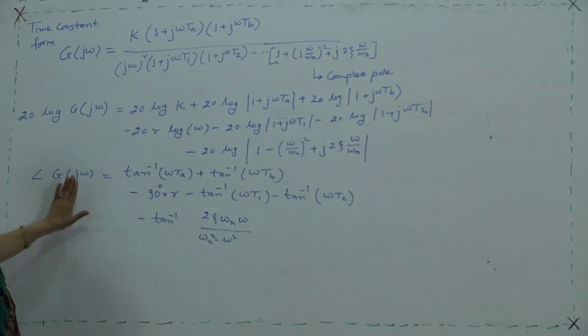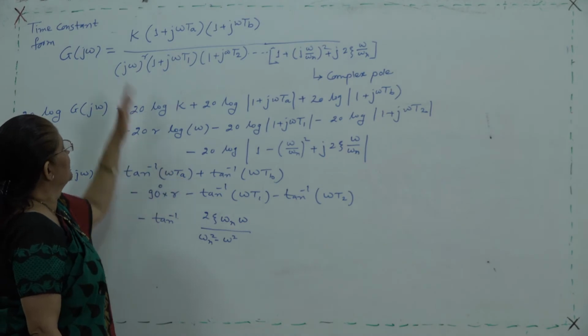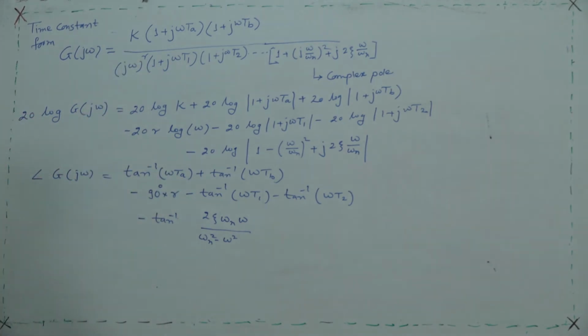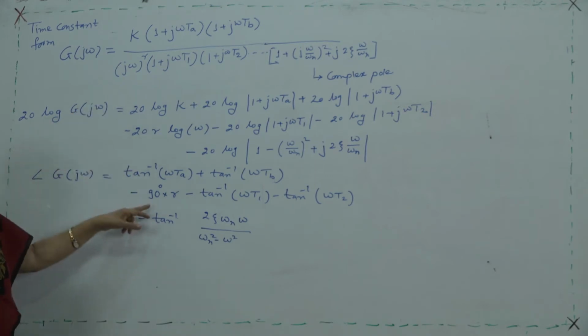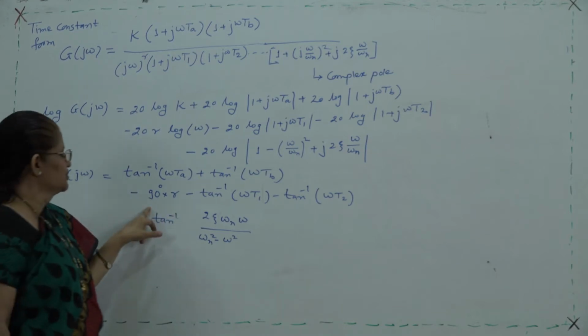When we are considering angle, tan inverse of imaginary part upon real part, for the constant the angle contribution is 0. So, we will get that 0, and we can write it like this. When the pole is at origin, it contributes 90 degrees; if r poles are there, r times 90 degrees will be the total contribution.